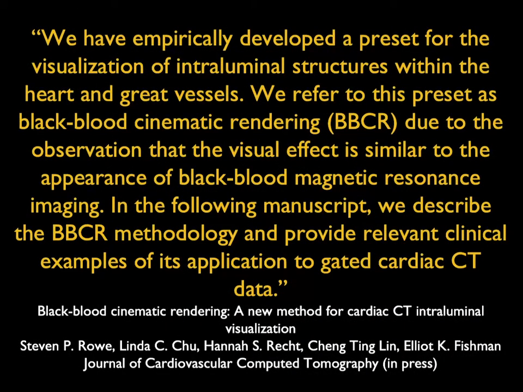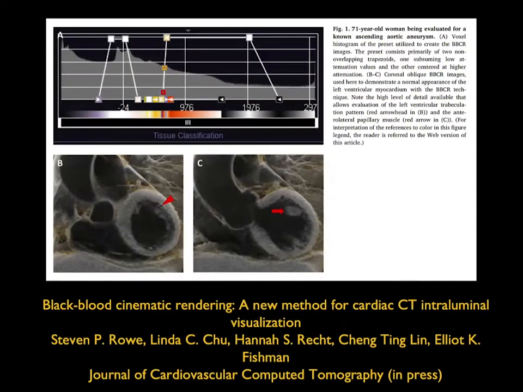Beautiful example. And this article is in press on black blood imaging. We put a lot of effort into developing a way of looking inside chambers. And again, it's a matter of trapezoids, but look at the detail within the individual chambers of the heart. So it becomes a very good application.